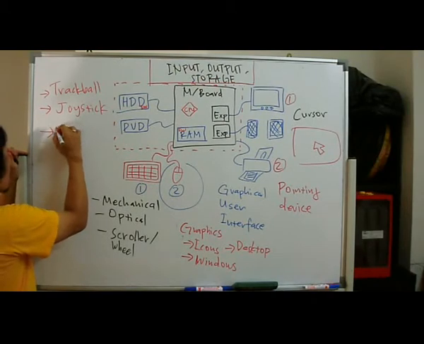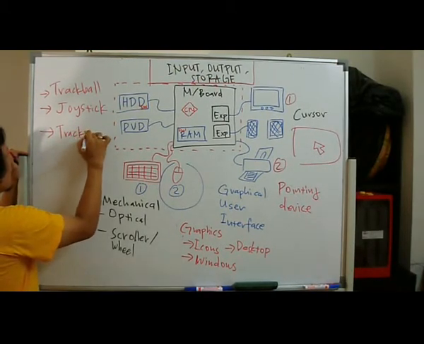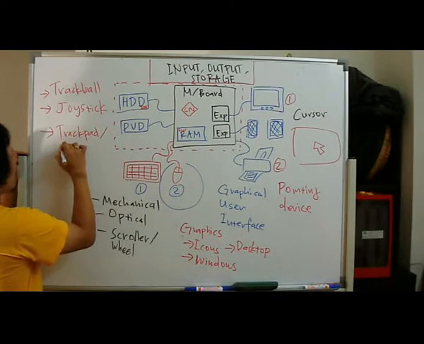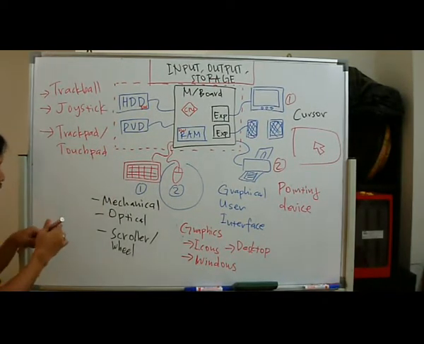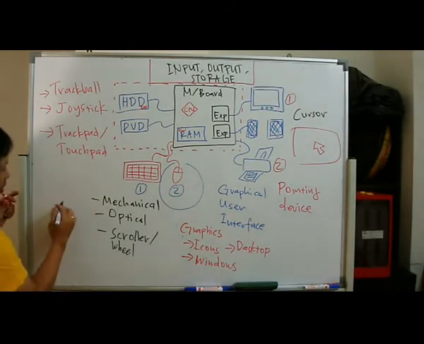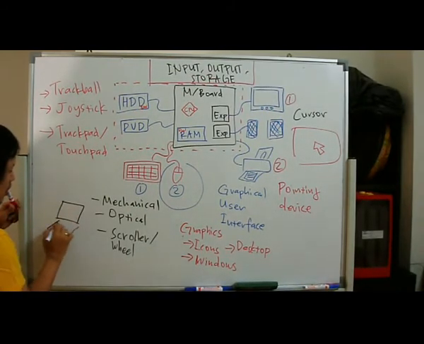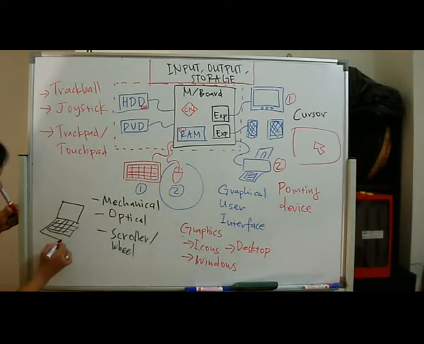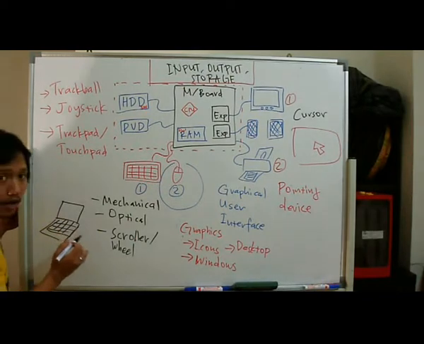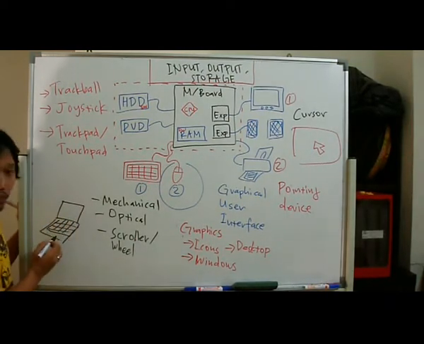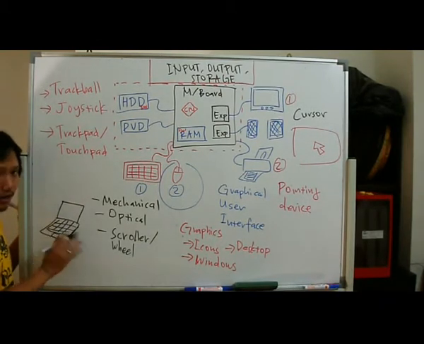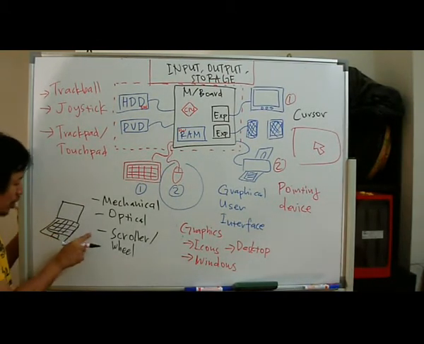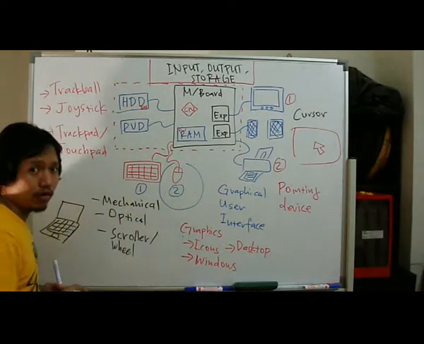You might have heard of the trackpad or touchpad, right? So when or if you have a laptop, usually what happens with your laptop is that you'll have some extra space at the front where you have some kind of a sensitive area, rectangular sensitive area, in which you can touch and move the cursor around.